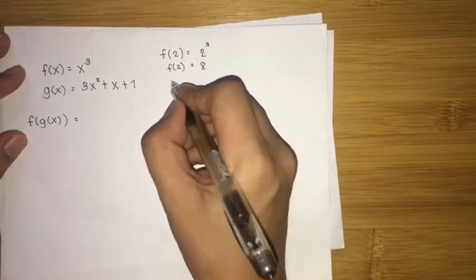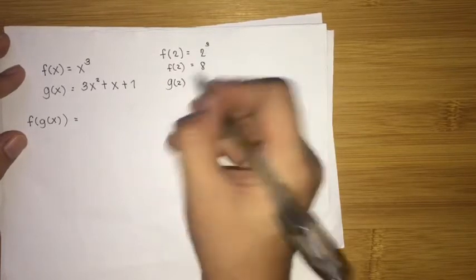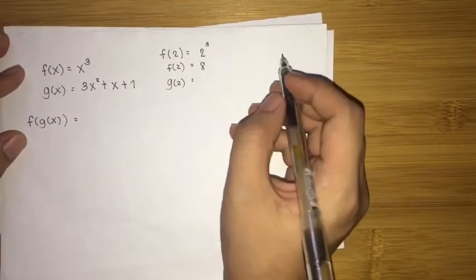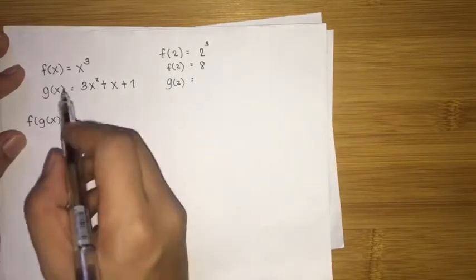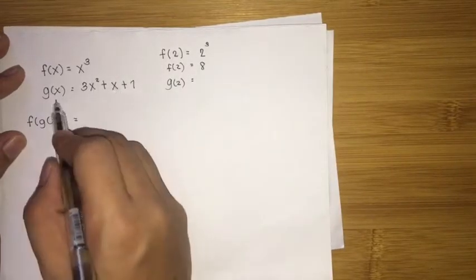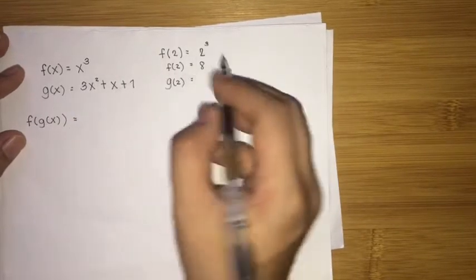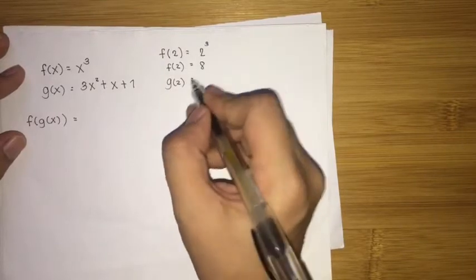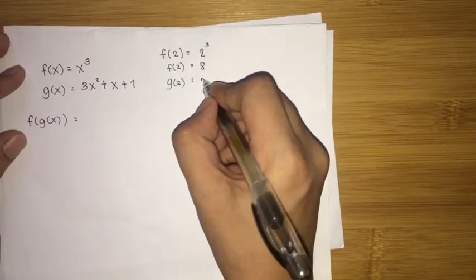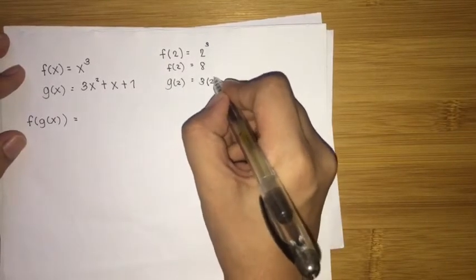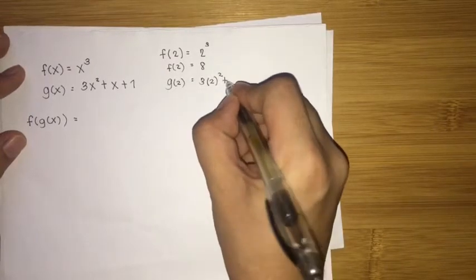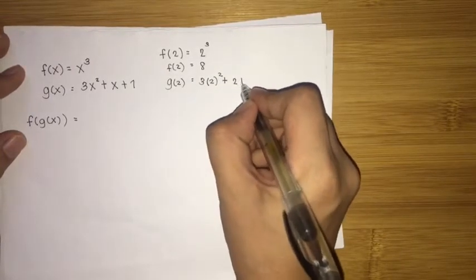Likewise, kung g of 2 naman, ang hahanapin natin, equal siya ngayon sa, so lahat ng x na meron tayo sa g of x dun sa equation niya, papalitan natin ng 2. So, magiging 3 times 2 squared plus 2 plus 1.